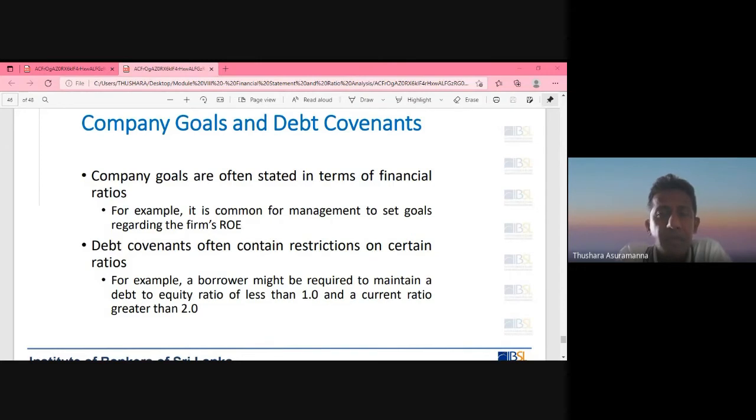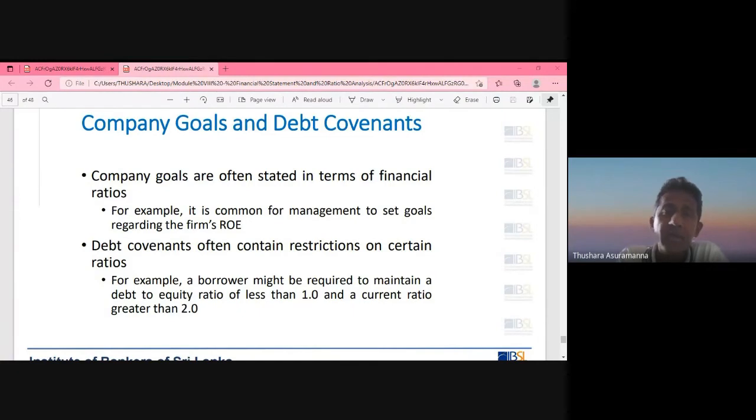So sometimes depending on your credit, you may have imposed debt covenants using some financial status, like maybe current ratio not more than 2 times, debt to equity ratio should not exceed this level, dividend yield or dividend cover should be maintained at these levels. So maybe cost to income ratio to be managed at this level. Like that, you can impose debt covenants whenever you are approving a credit.